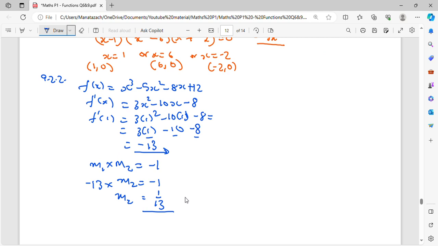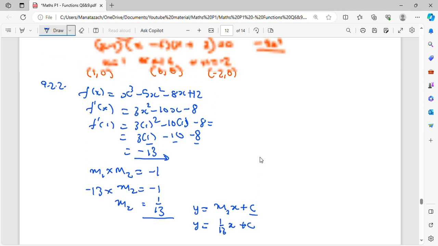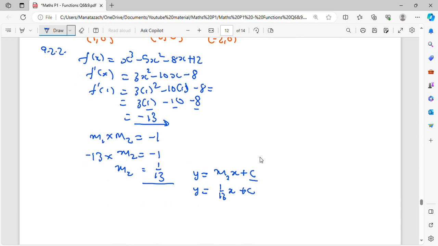Since they want the equation of the line, we have the gradient. We know that the equation of the line can be written in this format, so in this case you're going to have m2 there. Now we need to calculate the value for c. We already have the value for m. It's 1 over 13x plus c. To find the value for c, we can use a point where x is 1.